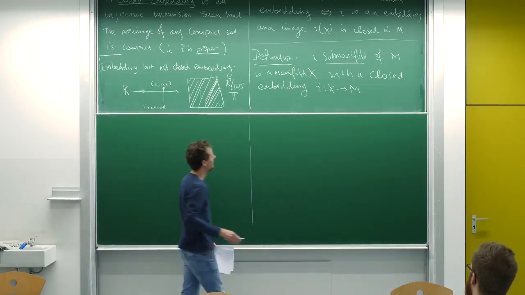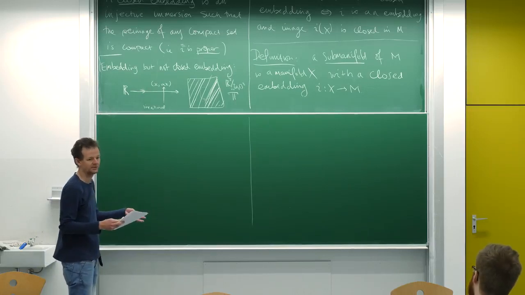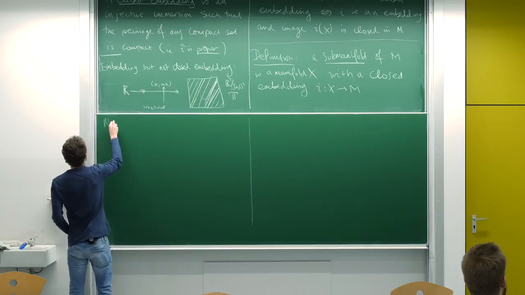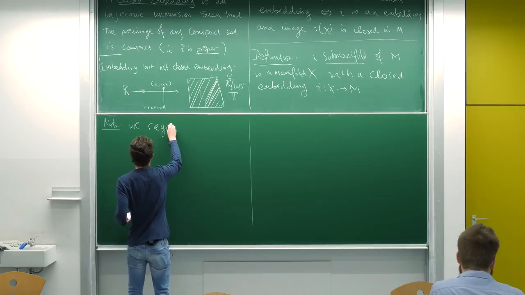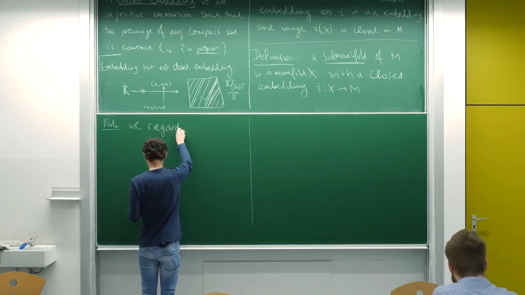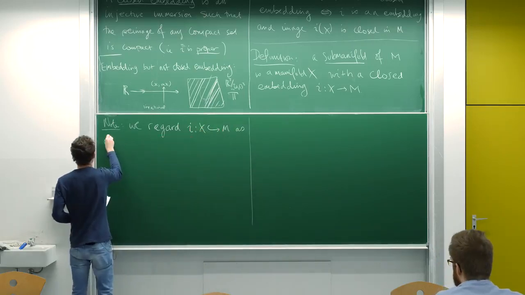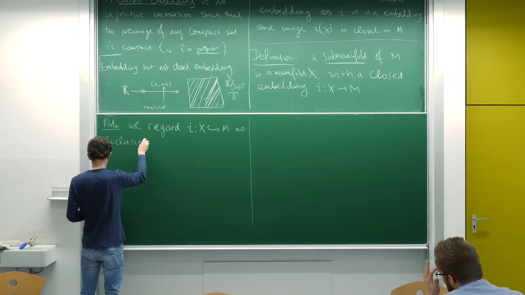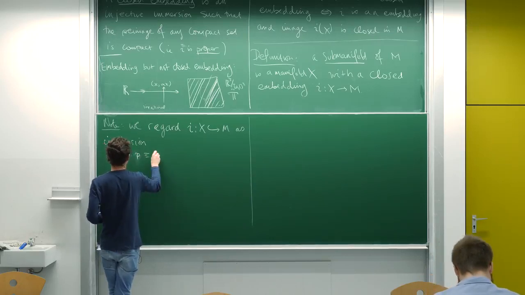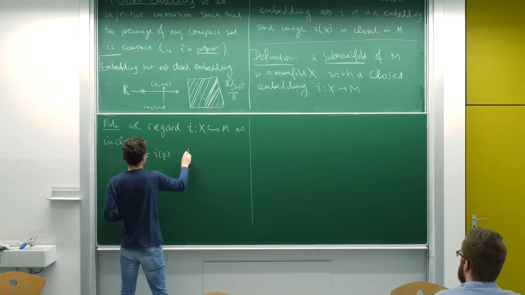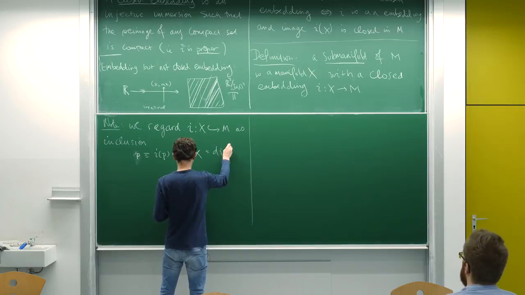So we're going to think of this embedding map I as just a straight up inclusion, so that the points of X are just identified with their points in M. And the tangent space is just identified with its image as well.